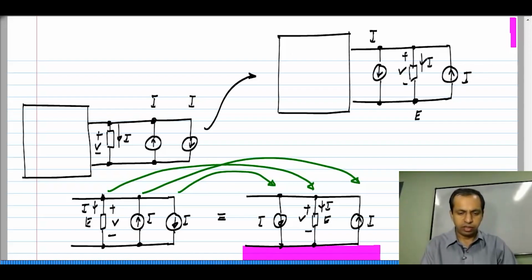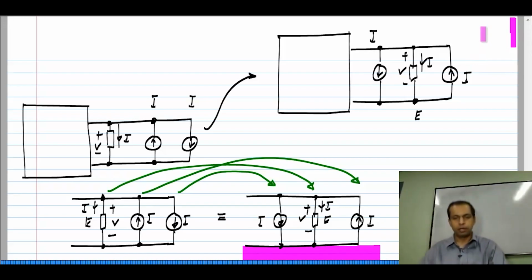Now, it is clear that there will be absolutely no change when you go from here to there. That means that all voltages will remain exactly the same. And all currents through all the elements will also remain exactly the same. Again, I have not really changed anything. I have just changed the way I have drawn the 3 parallel elements.